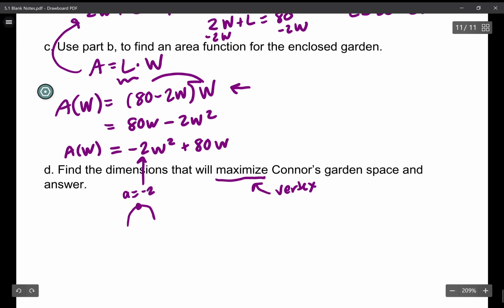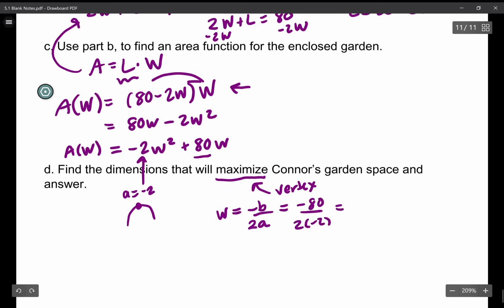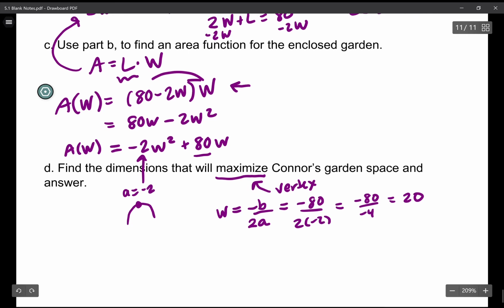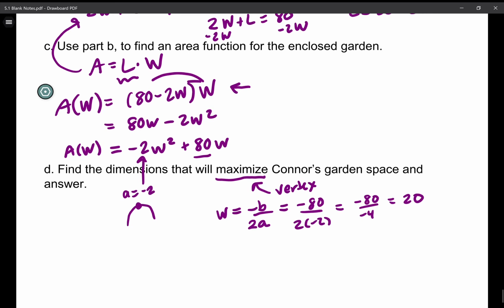So let's go ahead and find the vertex. Well, it's given by W equal to minus b over 2a, and in this case, b is 80, over 2 times -2. So that's -80 over -4, which is 20. So when the width is 20, the area will be maximized.